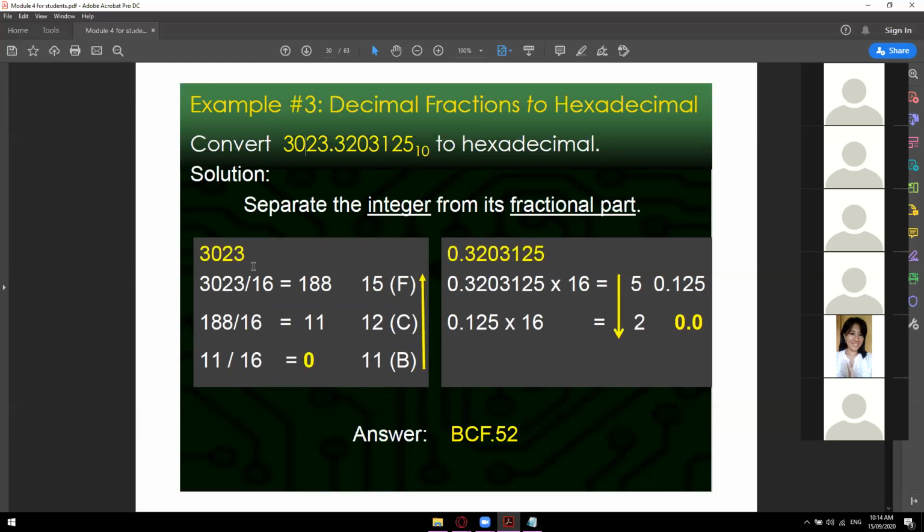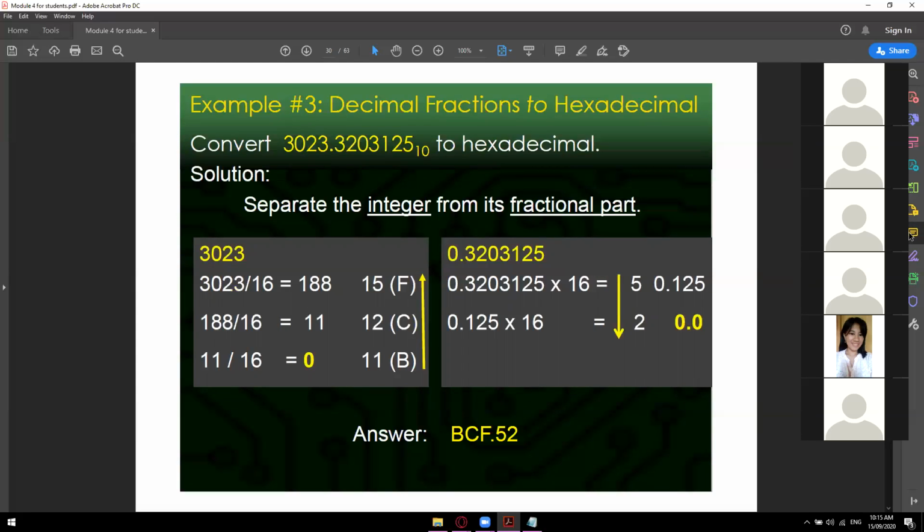When it's a whole number, divide. So, 3023 divided by 16, then you'll get 188 point something. Let me check. 3023 divided by 16. You'll get 188.9375.